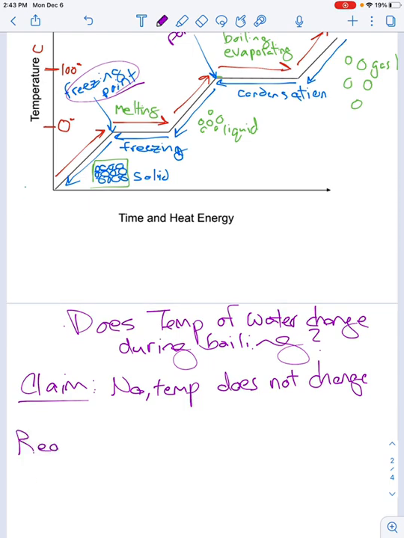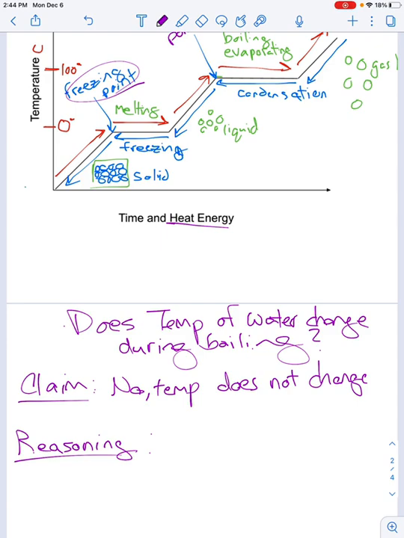So the reasoning for this is a little complicated, so I won't get into it too much, but just know that energy can only focus its efforts on one thing at a time. And so when we add heat energy to this water, it's saying, well, I'm going to increase the motion of the particles. And so motion of particles, that's what temperature is.